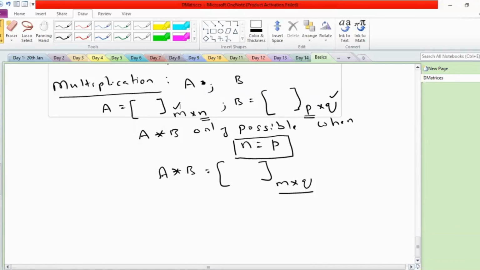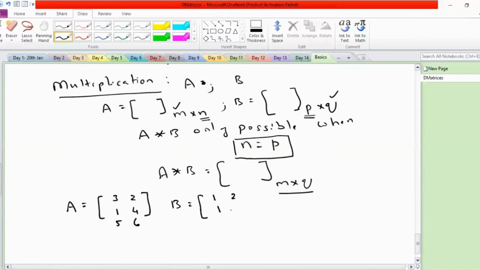multiplication of two matrices. Let's say you have a matrix A: 3, 2, 1, 4, 5, 6. And now you have a B, something like 1, 2, 1, 4.